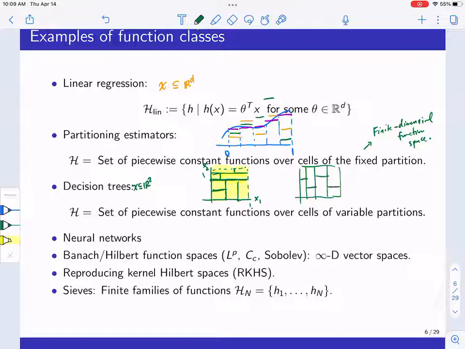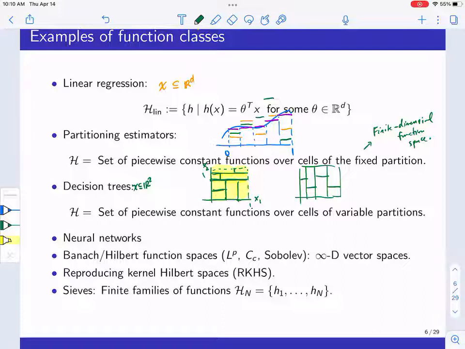This is another type of partition, and the location of these could also vary. So depending on the depth of the tree, the depth could also be part of the parameters. So you get a function class, and you can try to minimize over this function class.